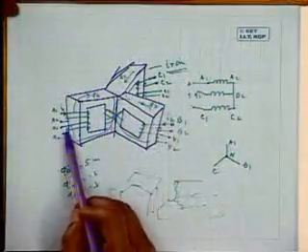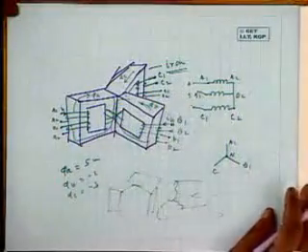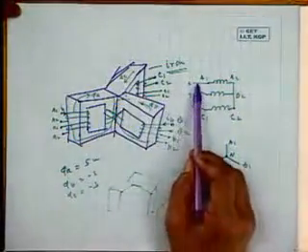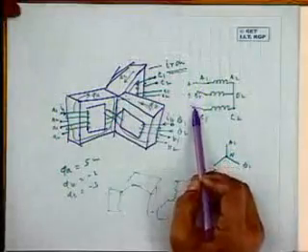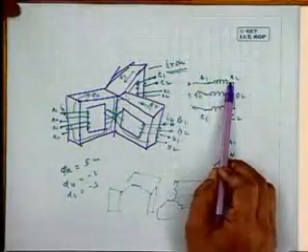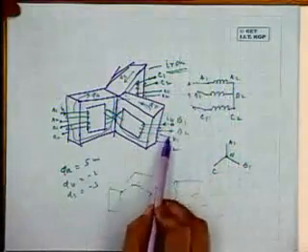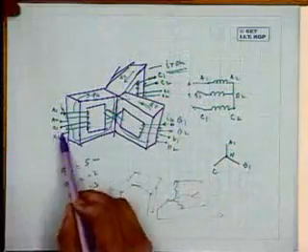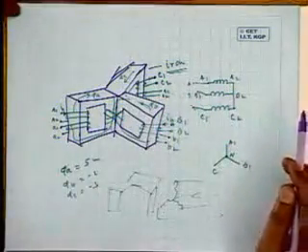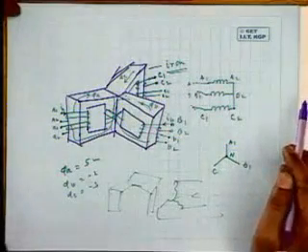Similarly, small letters correspond to secondary terminals. The number of turns are suppose equal. Then if you apply balanced 3-phase voltage to A, B, C, then 120 degree apart voltages will be applied across each of the winding, and the voltage induced in the secondaries also will be 120 degree apart, and you will get a balanced 3-phase voltage on the secondary side.